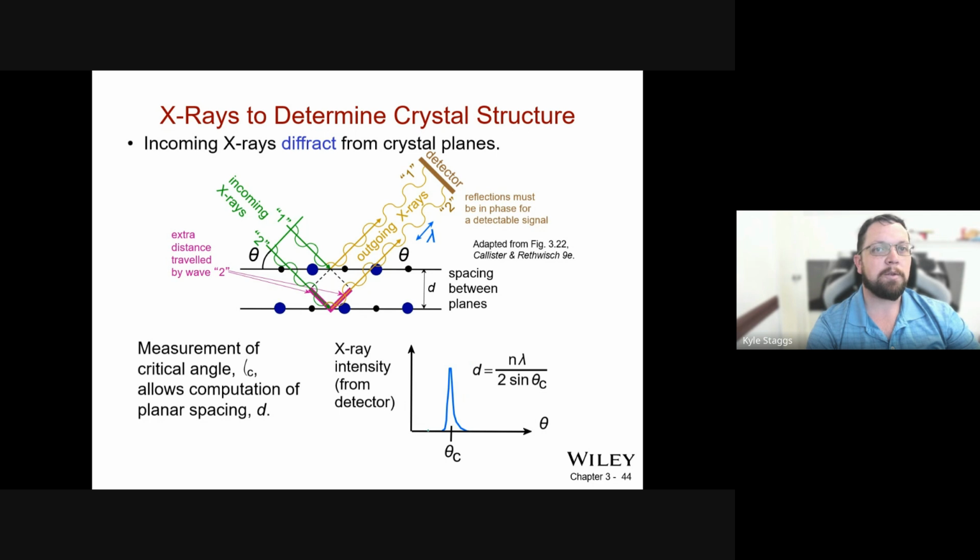As it's sweeping through, it picks up a bunch of reflection through this range, and otherwise the X-rays may be passing through the material. So there's an extra distance traveled by the second wave compared to the first wave, and that difference between the two is how we calculate this distance.